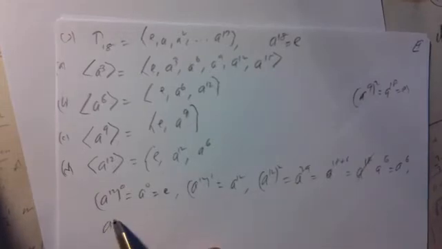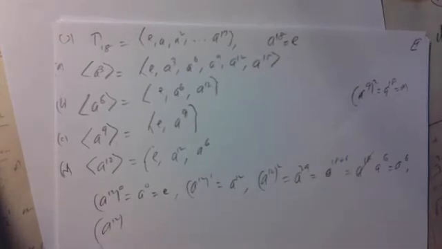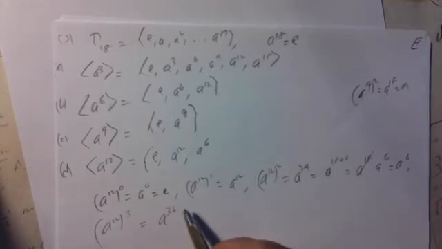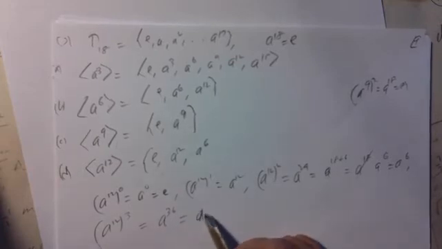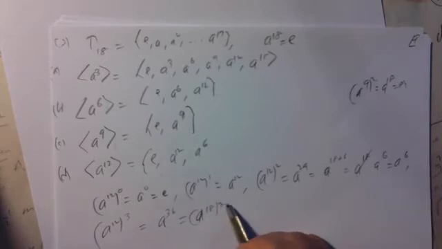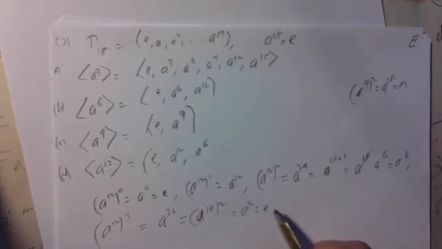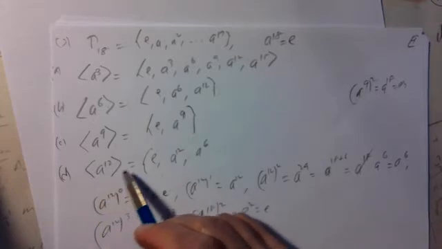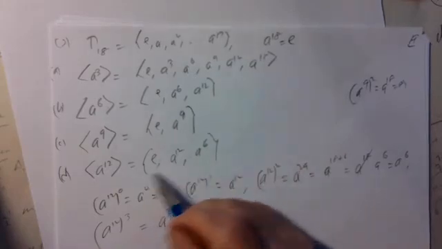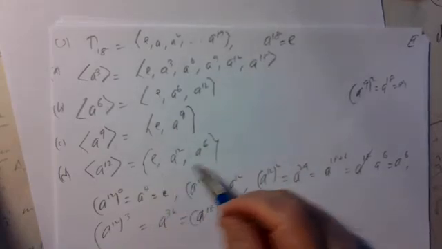A to the 12th to the third power is a to the 36. 36 is 18 times 2. This is a to the 18th squared, which is e squared, or e. So by the time I take a to the 12th cubed, I get back to the identity. So the subgroup generated by a to the 12th just consists of these three elements.